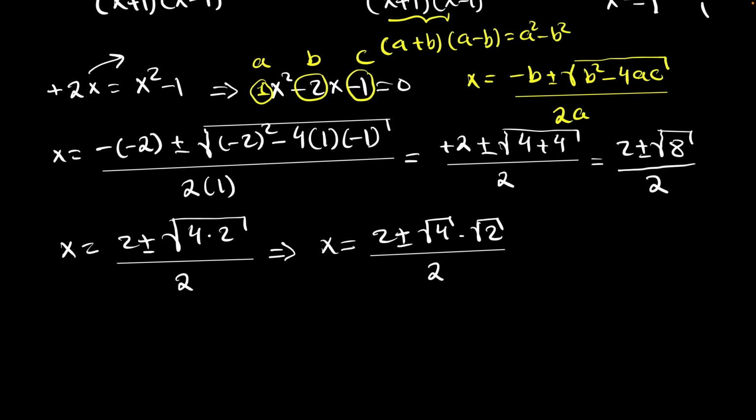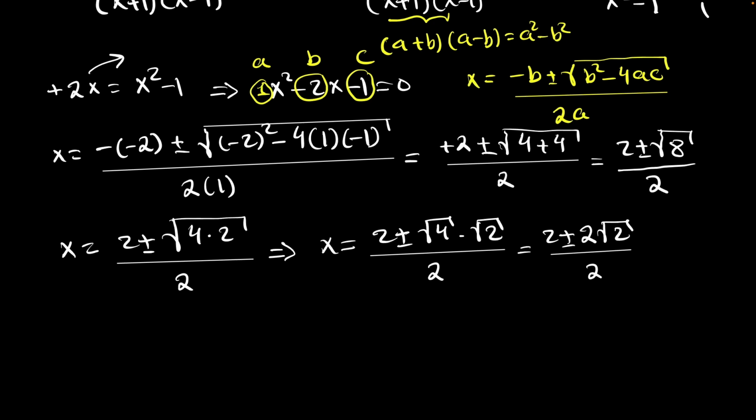So equal to 2 plus or minus, the square root of 4 is 2, and the 2 does not have a complete square, so over 2.